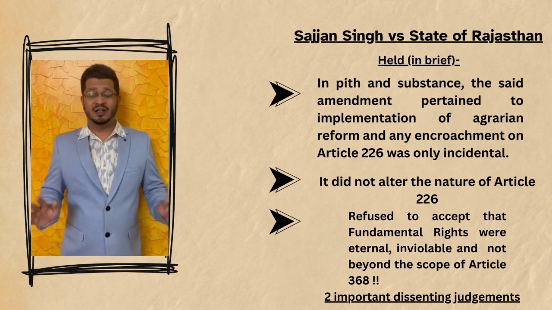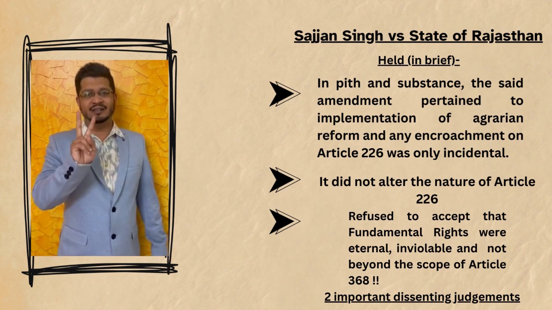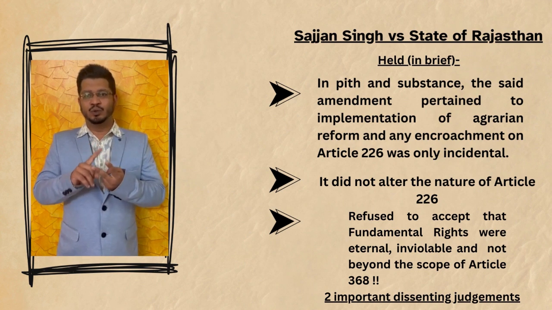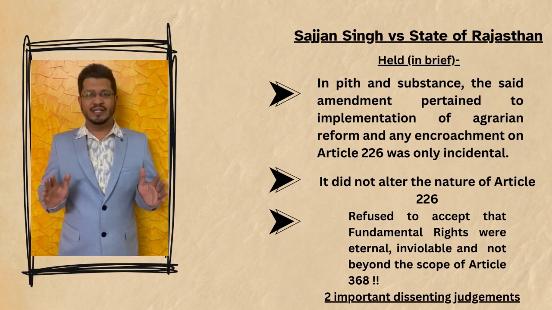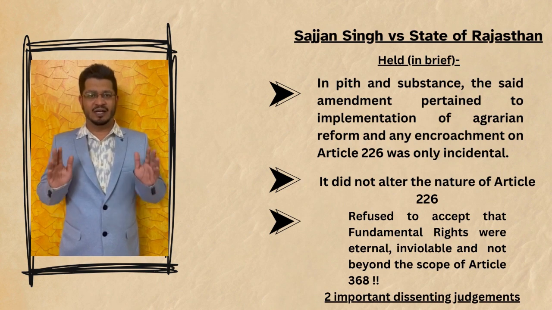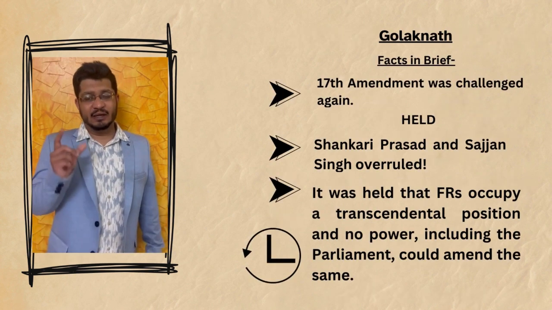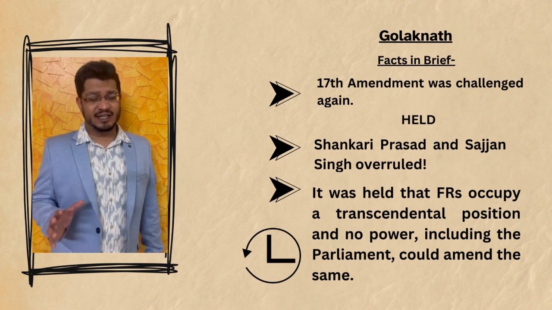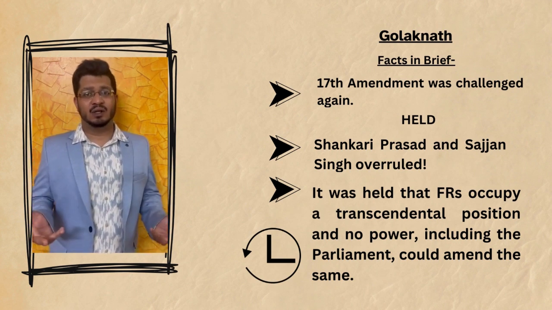However, that is not the end of the story. There were two powerful dissenting judgments rendered by Justice Hidayatullah and Justice Mudholkar. As we shall see later, these dissenting opinions formed the basis of later judgments of the Supreme Court. Simply speaking, the 17th Constitutional Amendment was challenged once again in the case of Golaknath. So, what was the decision of the court?